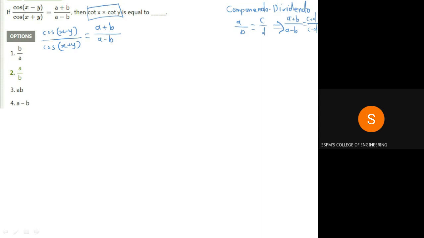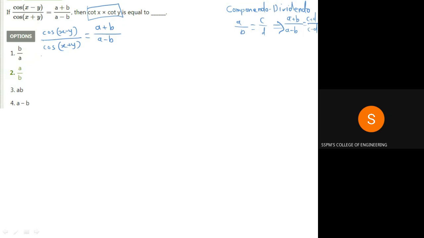So in the numerator you add the numerator and denominator of the ratio, and in the denominator you subtract them. Again on the right side you do the same.